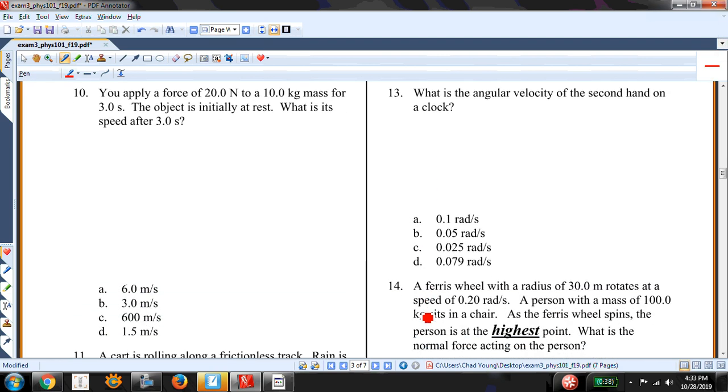Apply a force of 20 newtons to a 10 kilogram mass for 3 seconds. Object is initially at rest. What's its speed after 3 seconds? So this is a thing that we could do with Newton's second law and laws of motion, but because I know Newton's second law in this form, it makes it a little easier. I'm looking for the speed.